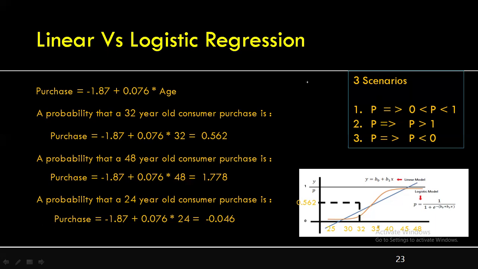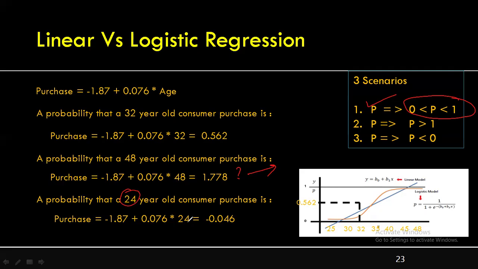So this is the problem here. Because the probability value lies anywhere between 0 and 1, it should not be more than 1. This is an issue. Now let us take another customer whose age is 24.